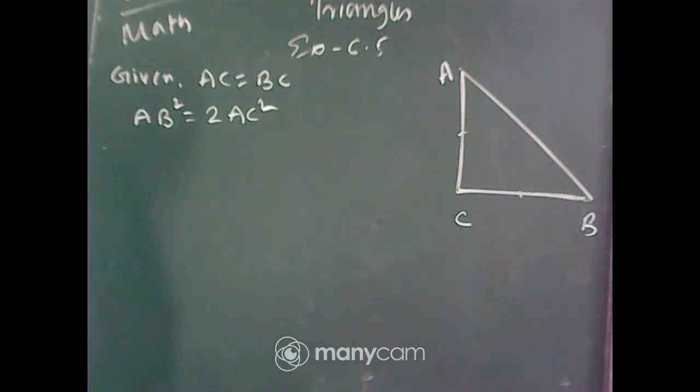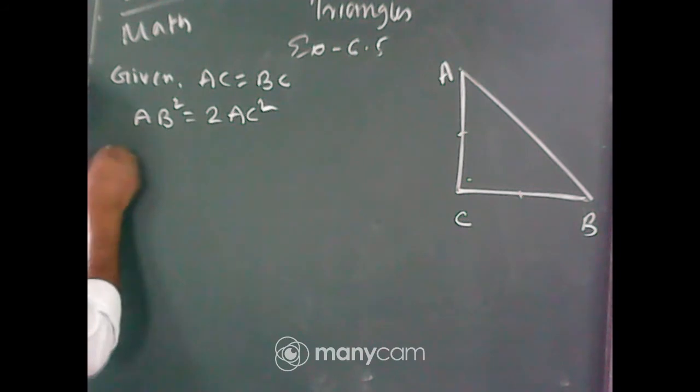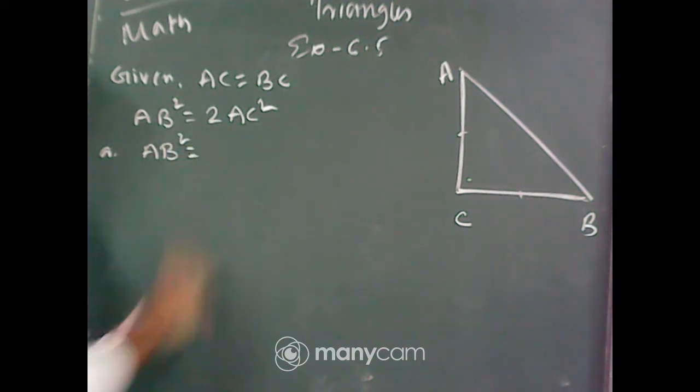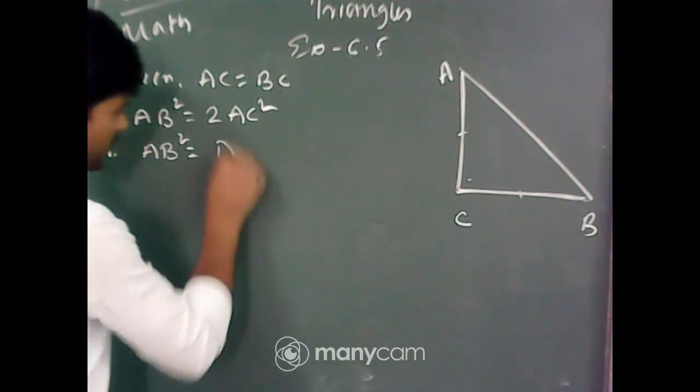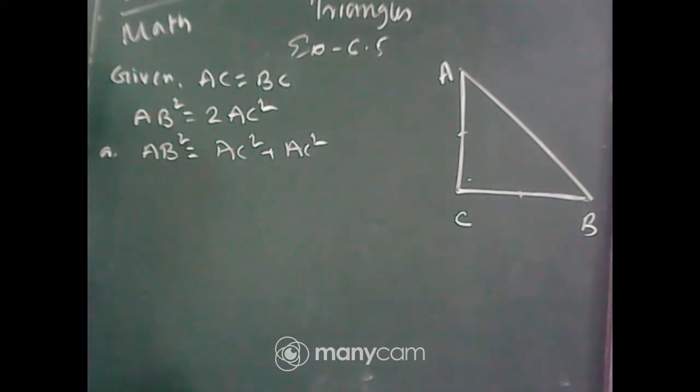We have to prove that this angle is 90 degrees. Okay, so let's start. That means AB square is equal to, now 2AC square we can write as AC square plus AC square.